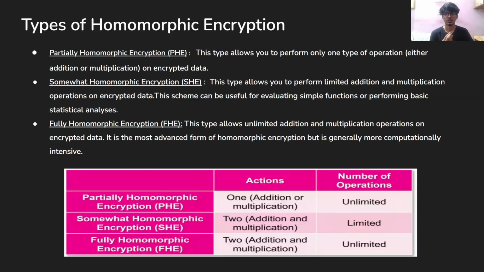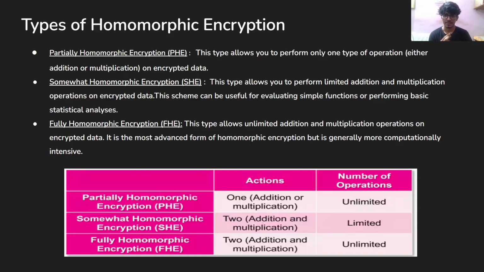Let's move on to the second type, that is somewhat homomorphic encryption. In this method, we can apply both addition and multiplication to the plain text, but the catch is we can do it only for a limited period of time or for limited cycles. And the final type is fully homomorphic encryption.